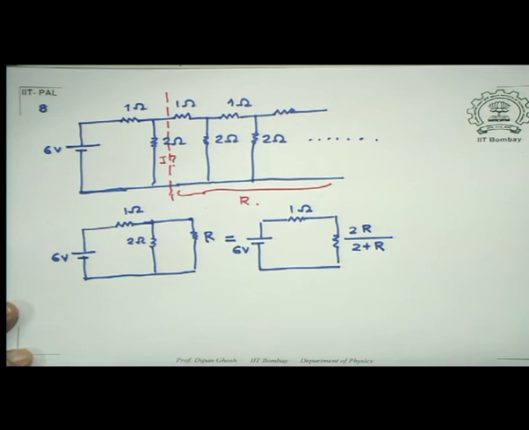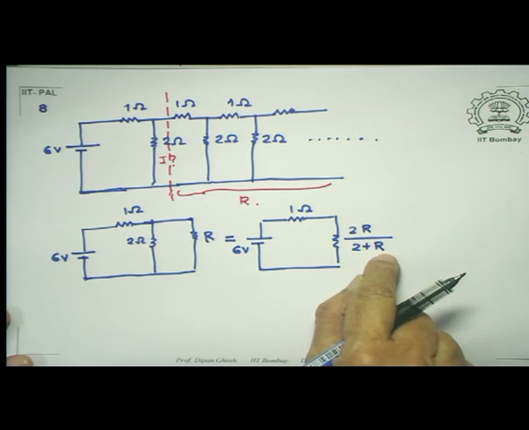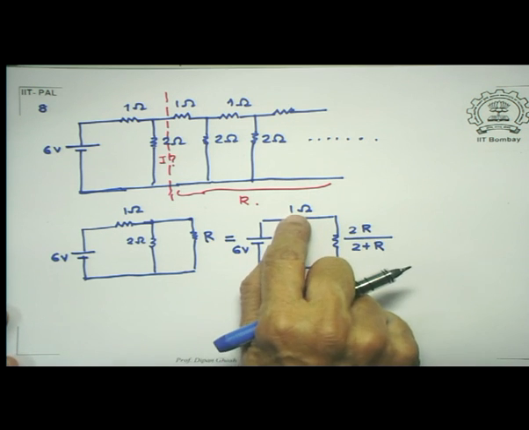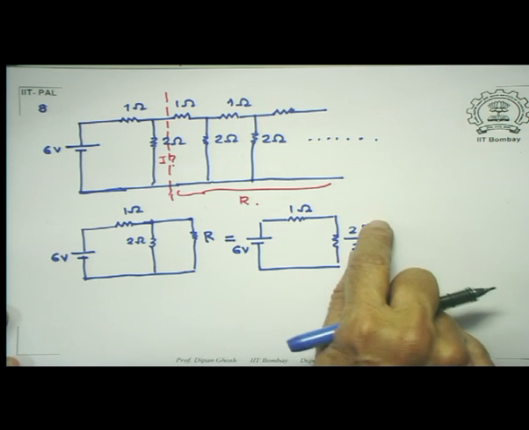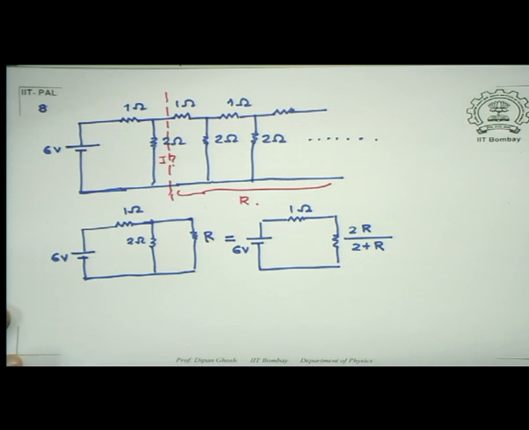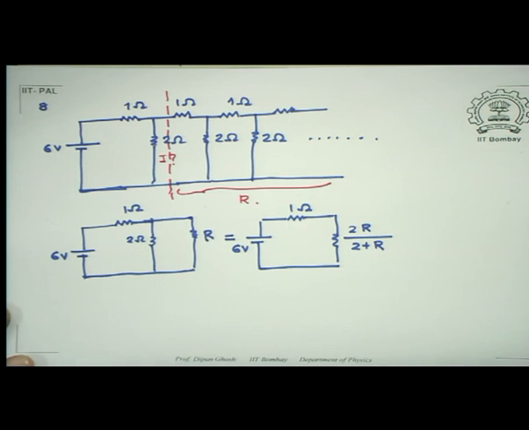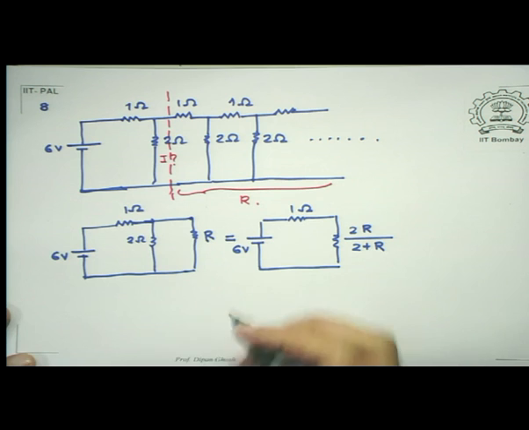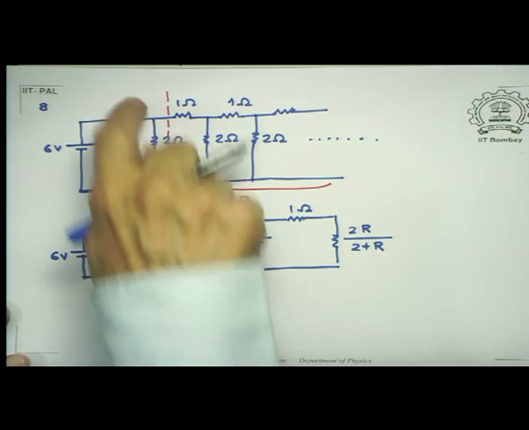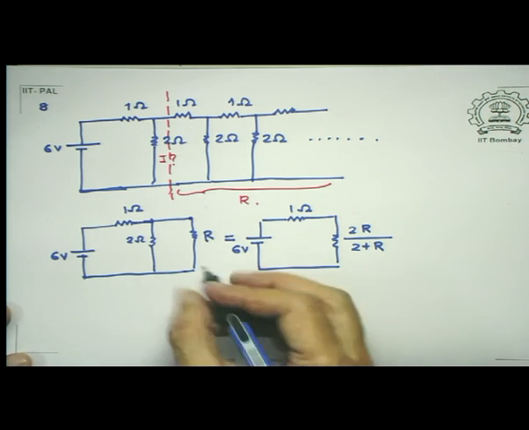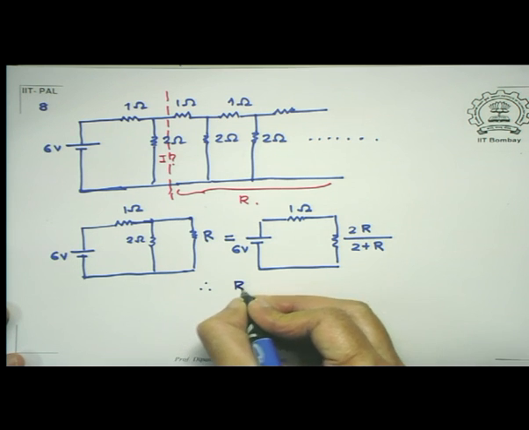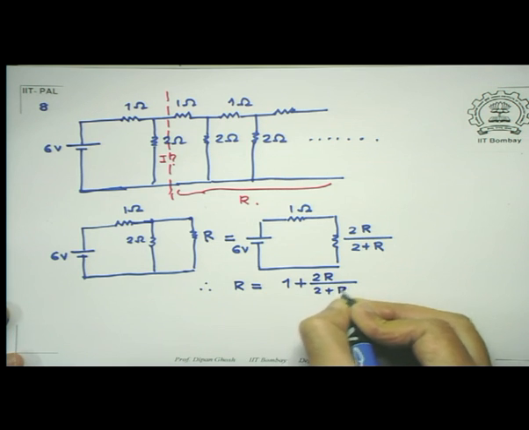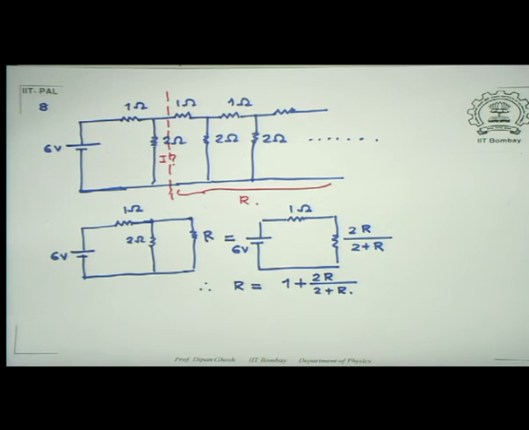Now notice what I am saying. This tells me that the current through this circuit will be determined by the series resistance of 1 ohm and 2R by 2 plus R. But then if I did not cut it here, I consider the whole situation, that is nothing but a resistance R. So therefore my R should be equal to 1 plus 2R by 2 plus R. Solve this, it is a quadratic, very simple.